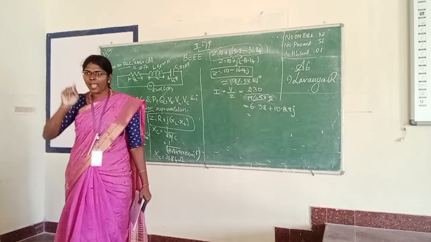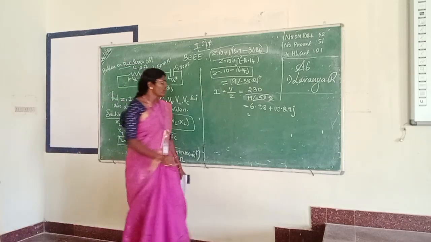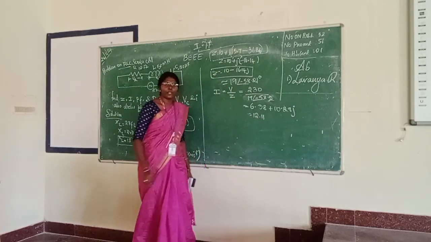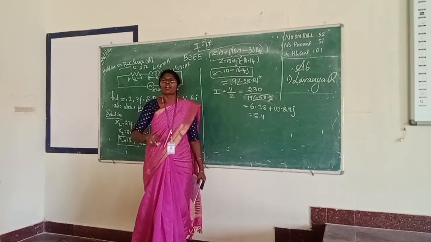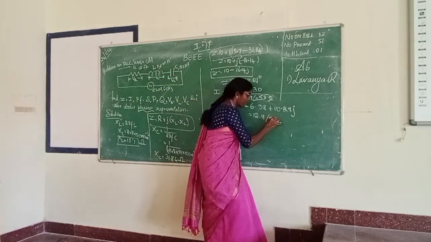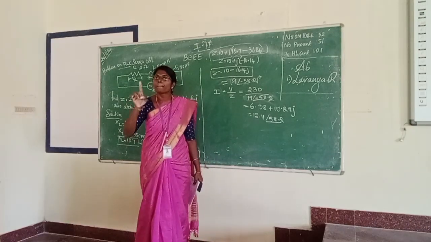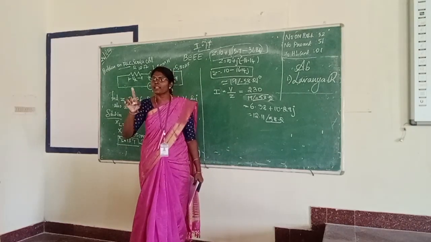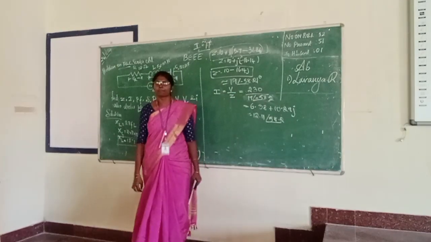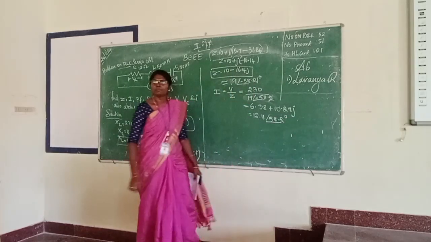It is R angle theta, right? Shift equal. What is it? 12.11. Again, shift equal. What is the angle? 58.2. The angle is positive, right? So you have to write it as plus 58.2 degree.